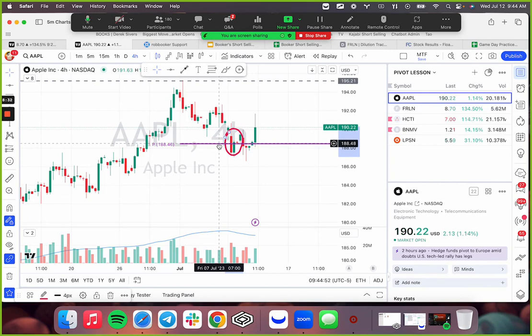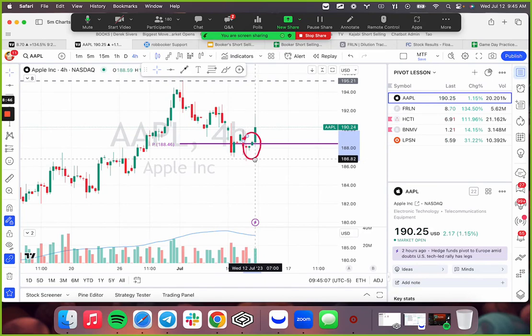And this is long term. It may take days or even, in this example, weeks for that to happen. If you're a long-term investor and a long-term holder of a stock, you might wait for it to hit the monthly pivot point as a place where you want to add a little bit more to your position or increase the size of your position.